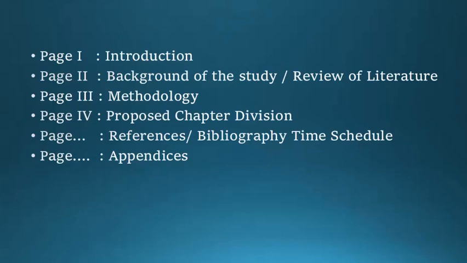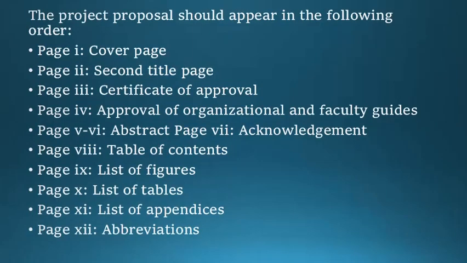Then you have to include a proposed chapter division, and references or the bibliography should be mentioned, and you should have a time schedule for that. And then appendices also should be mentioned. So these are the things you will have to include in your project proposal, and this is the order of it. Do remember this. Please take note of this also.